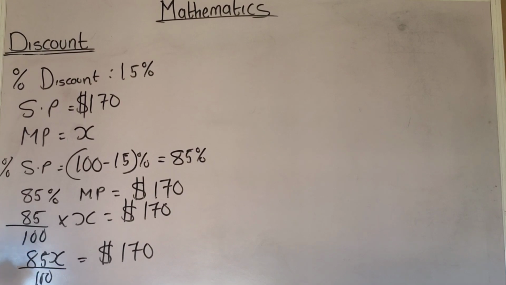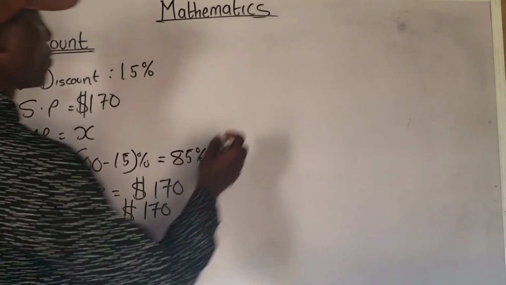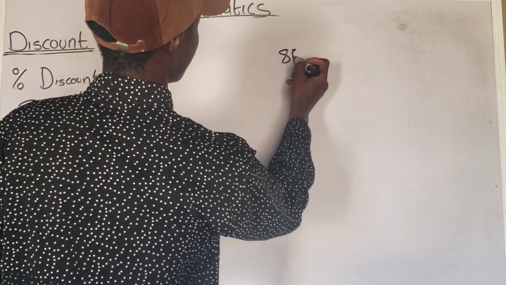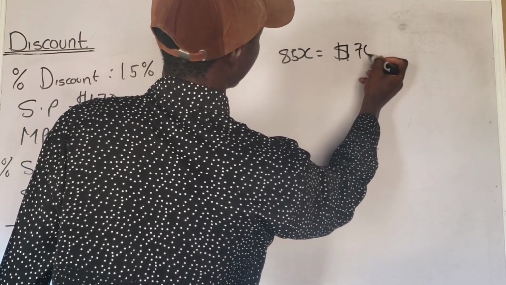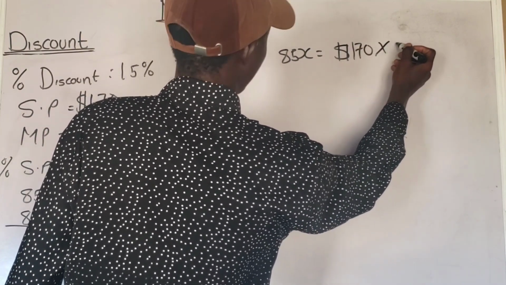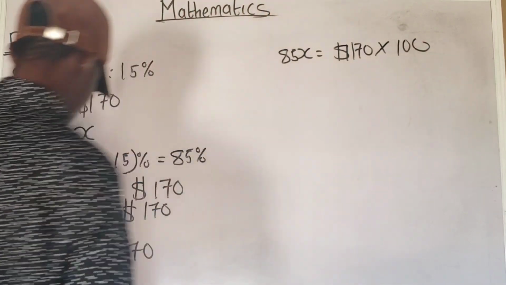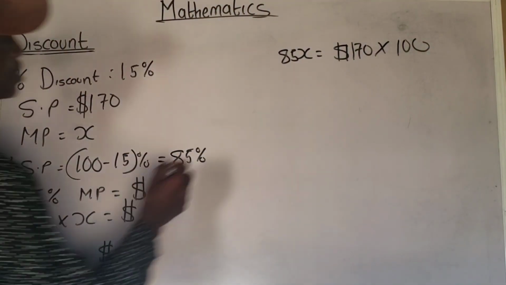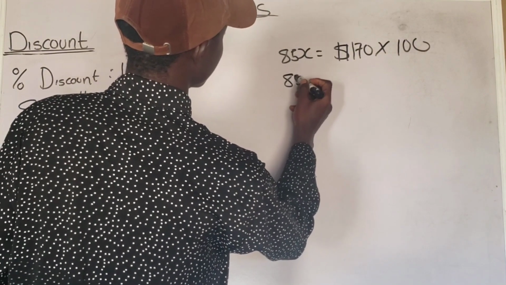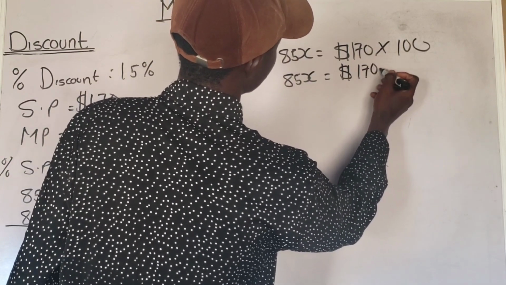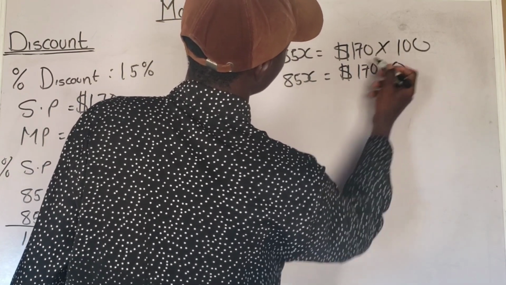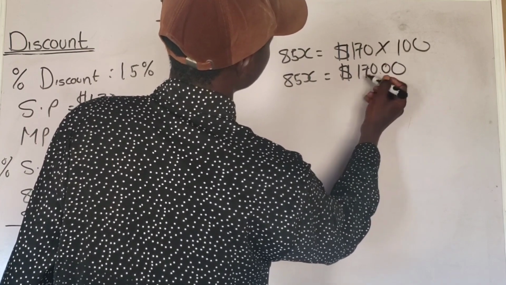You understand? Okay, so for this I'm going to cross multiply. 85x will be equal to $170 multiplied by 100. So 85x is equal to $17,000.